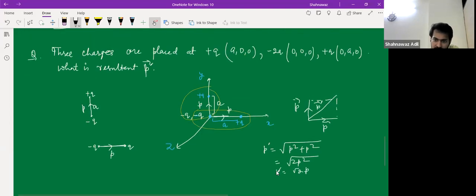Any doubt in this problem? Did you get the same answer? I will do one more problem exactly like this, and then I will move to the electric field.